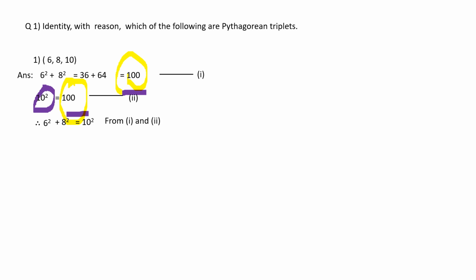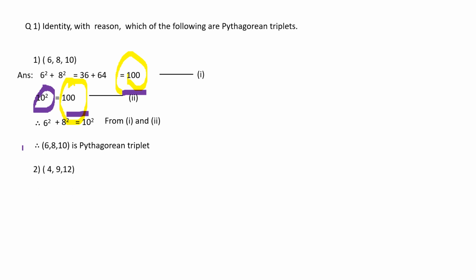What is the reason here? We write from statement number 1 and 2. If this condition is satisfied, therefore 6, 8, 10 is a Pythagorean triplet.